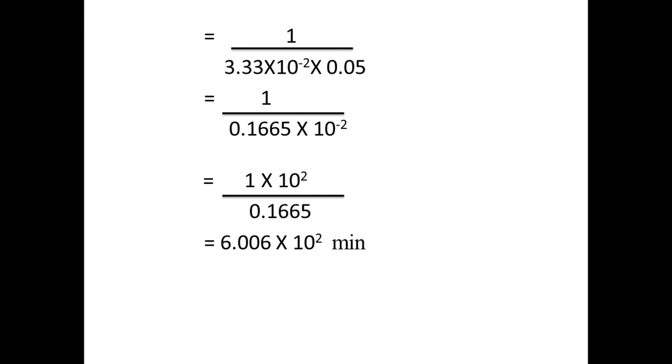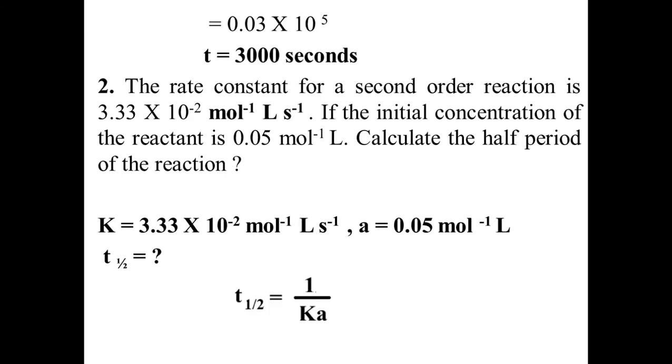Here 10 to the minus 2 goes upside, minus becomes positive. So 1 into 10 to the power of 2 divided by 0.1665. 1 divided by 0.1665 gives 6.006 into 10 to the power of 2 seconds. This is the t half of a second order reaction.